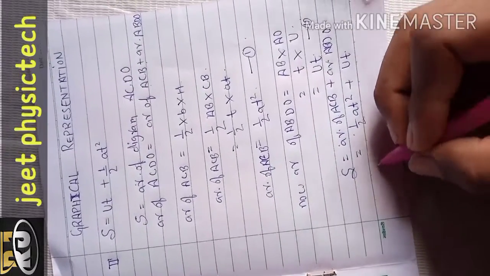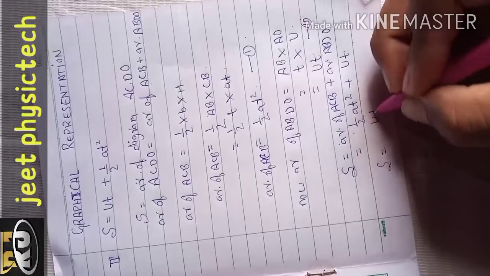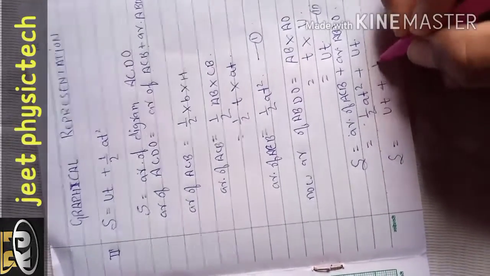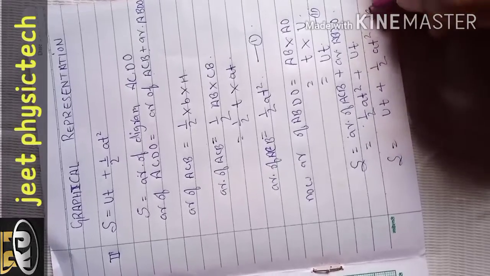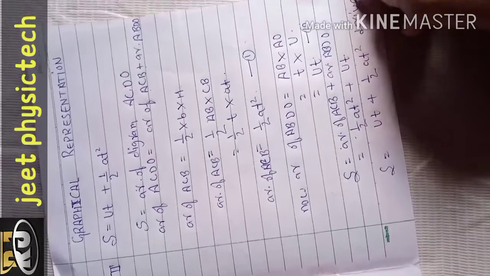Rearrange it: s is equal to ut plus half at square. Derived. I hope you all understand.